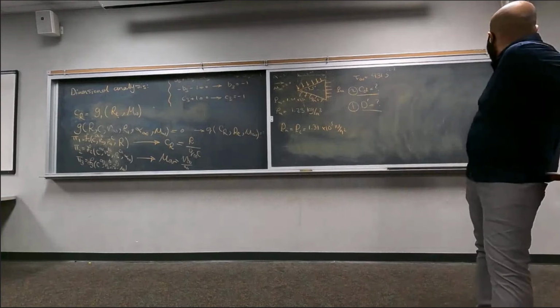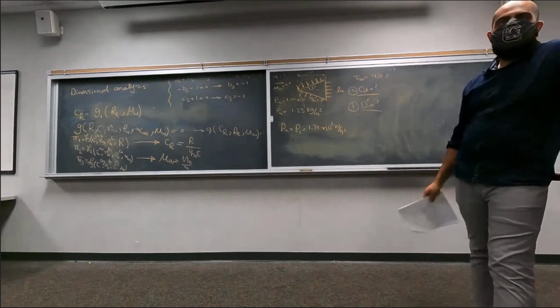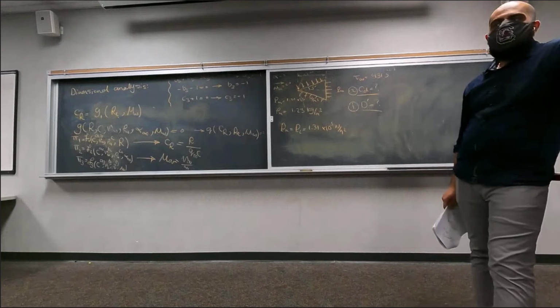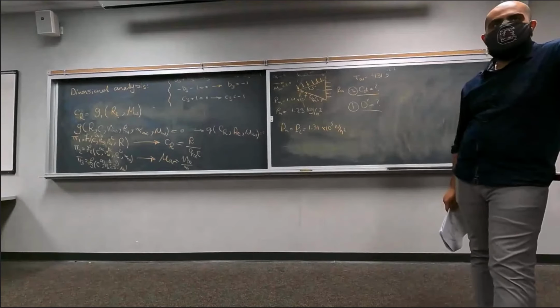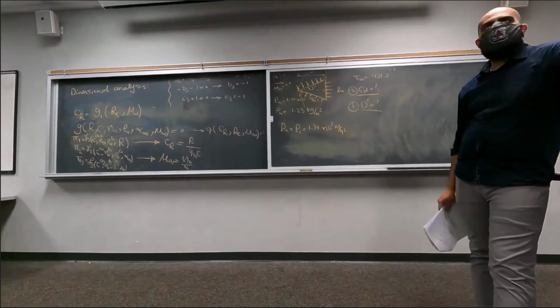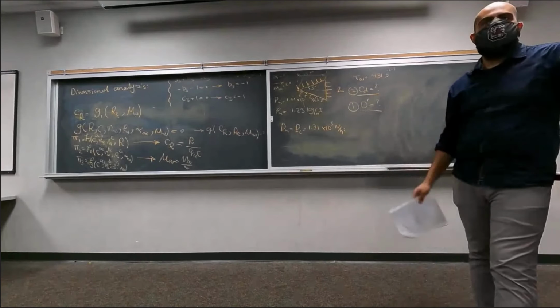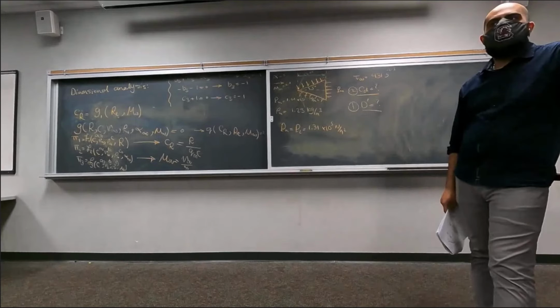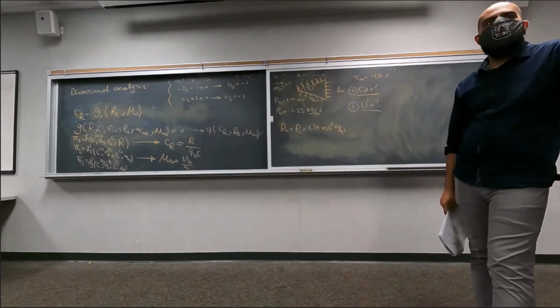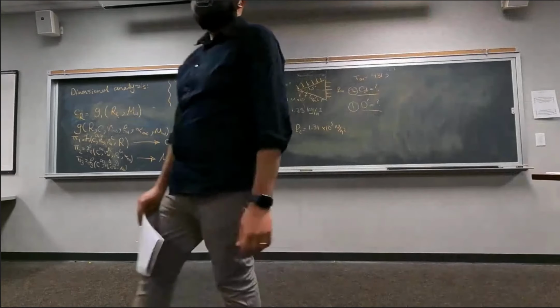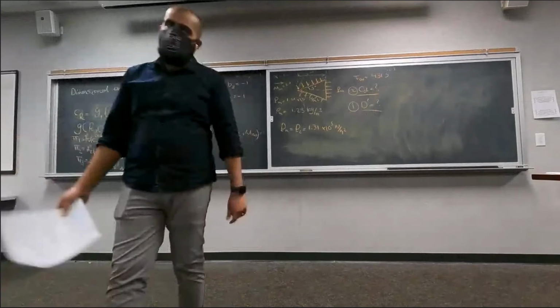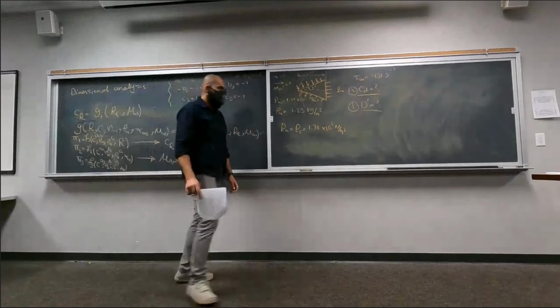But think about it. The angle of attack is 0. What is it going to mean for the relationship between lift and drag and the axial and normal force? Axial is going to be equal to drag and normal is going to be equal to lift.